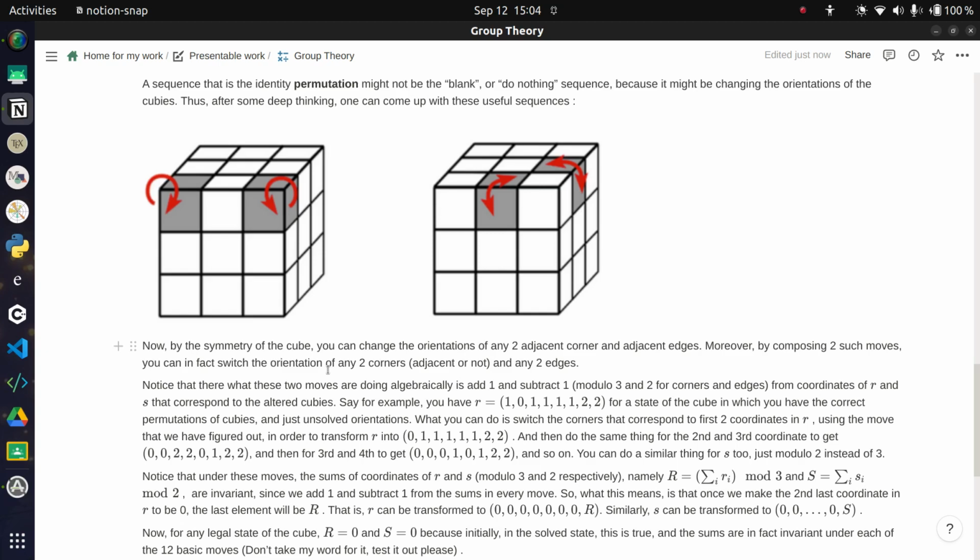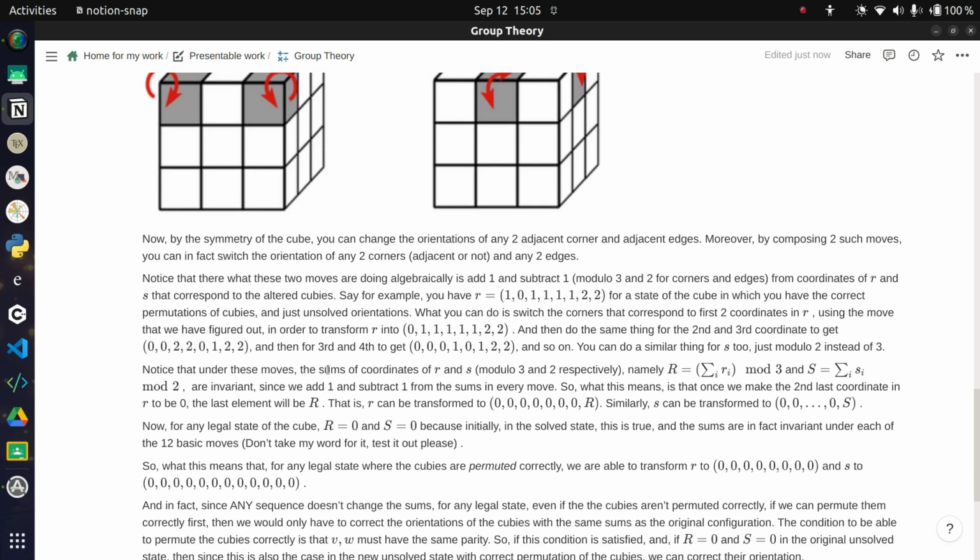So all of the coordinates until the last coordinate are 0. That's what I'm saying, right? You can reduce it such that this happens. And in fact, the last coordinate will be the sum modulo 3 and modulo 2 of the original coordinates, summed up, of course, right? So that you'll understand when you read all of this in detail.